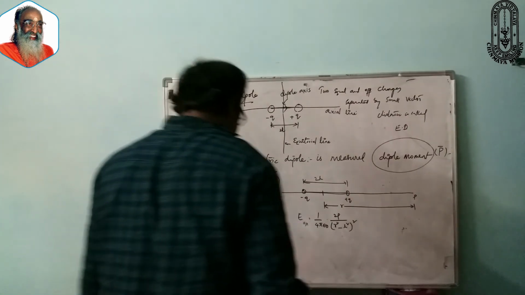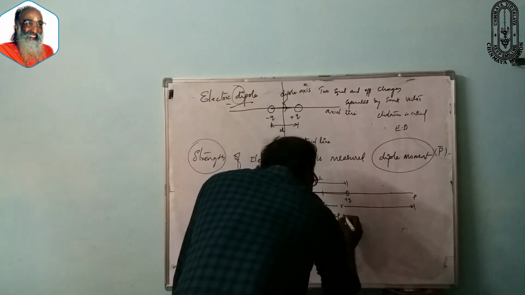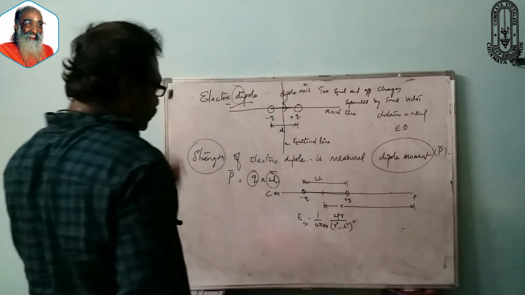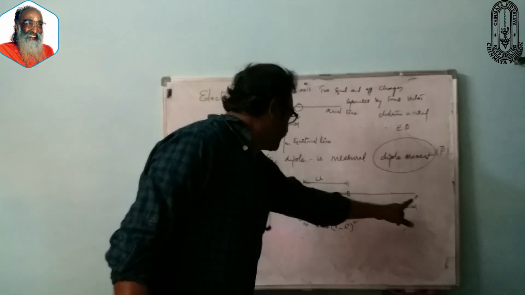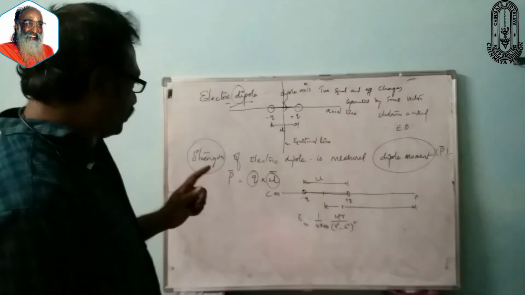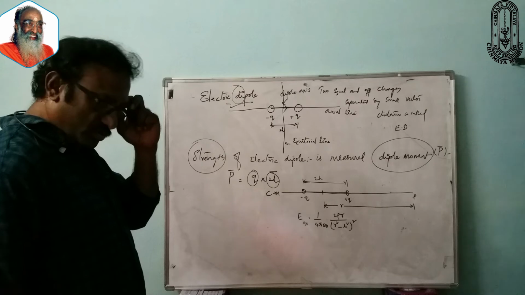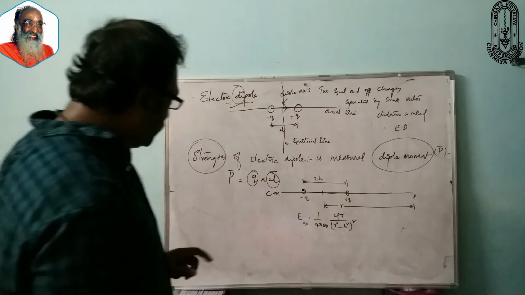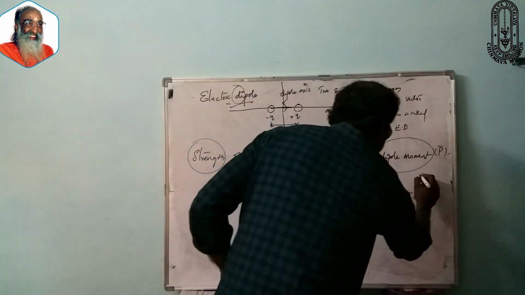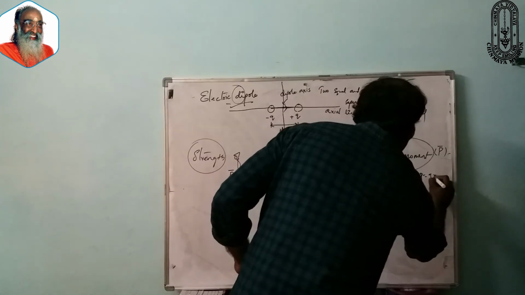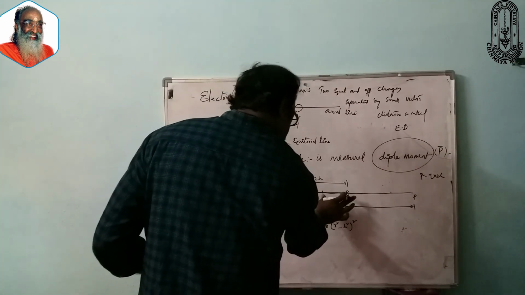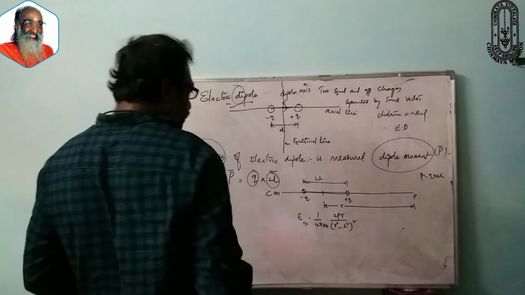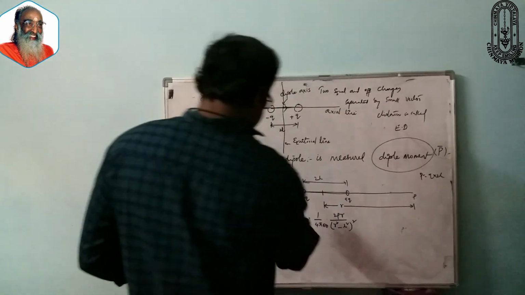Okay, so using this formula we can find out the electric field intensity on the axial line. 1 by 4 pi epsilon naught, you know the value, it's 9 into 10 to the power of 9, and p is given by q into 2l, and r is the distance from the center of the dipole to the point P. So substituting the values in this, we are going to get it on the axial line.